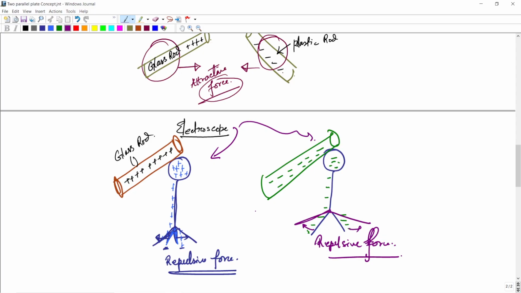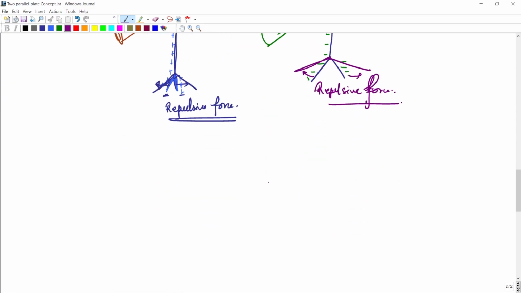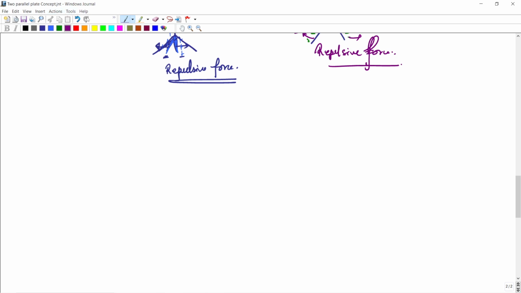Next concept we discuss: conductor, insulator, and semiconductor. What is a conductor, what is an insulator and what is a semiconductor?